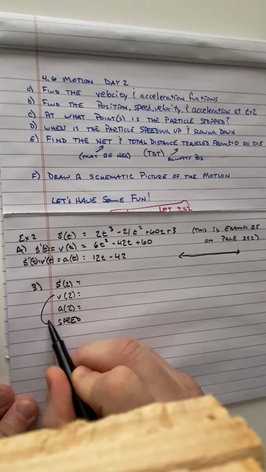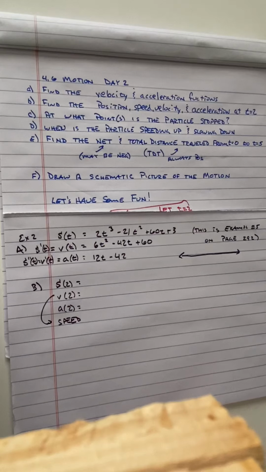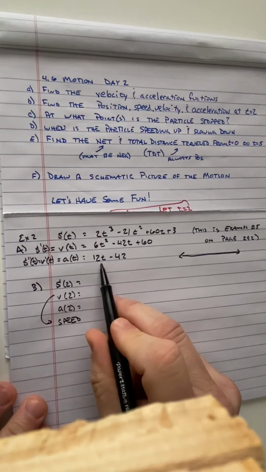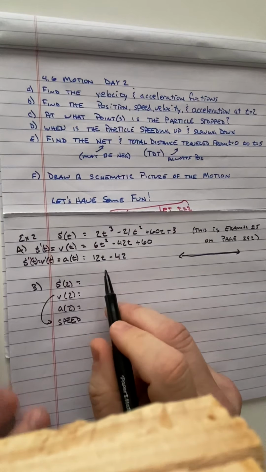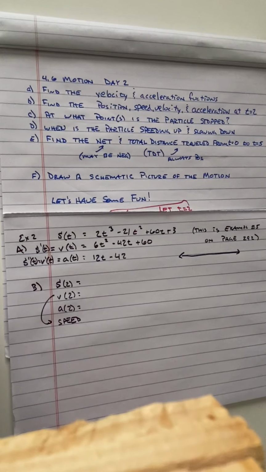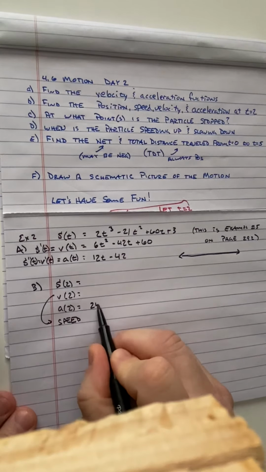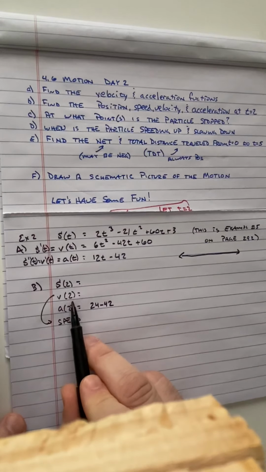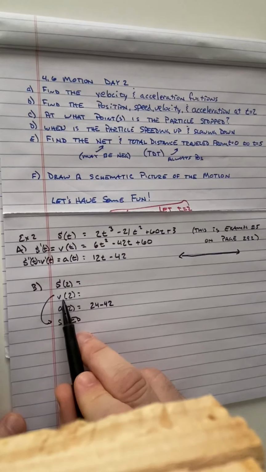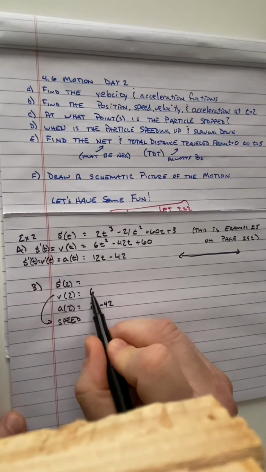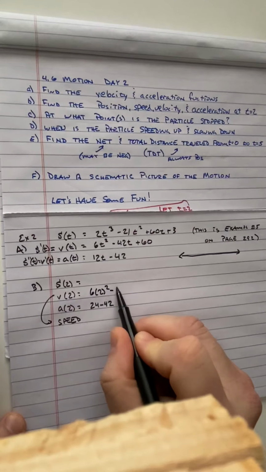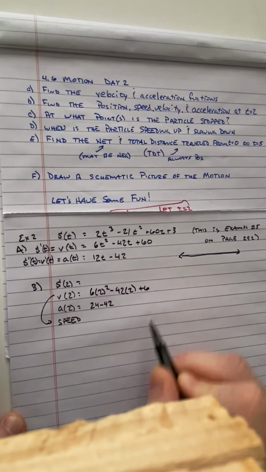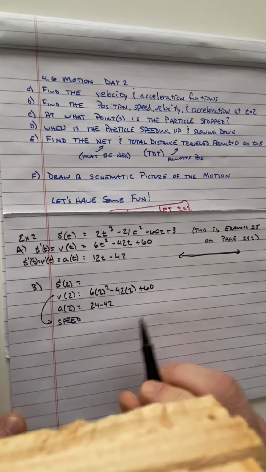Speed's just the absolute value of velocity, so we should be in pretty good shape. Let me do the easiest one first. Shove 2 into the acceleration and get 24 minus 42. You can do those computations later. Let's shove 2 into the velocity generating machine, and we get, you can do the computation later.